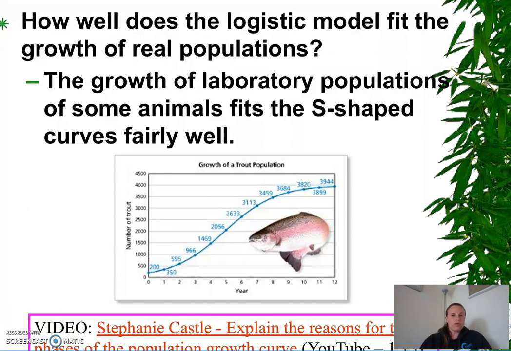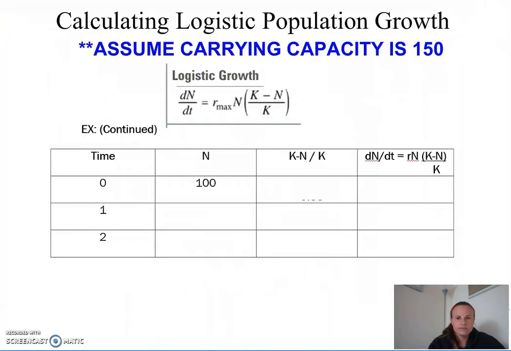So now if we go back to our rabbit example and incorporate this idea of a carrying capacity, I can use an equation to determine the growth pattern. So think back to our rabbit example. We had a growth rate of 0.1 and our population size was 100.